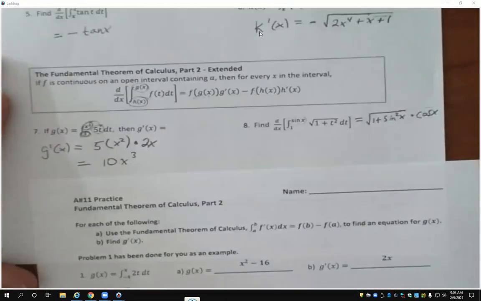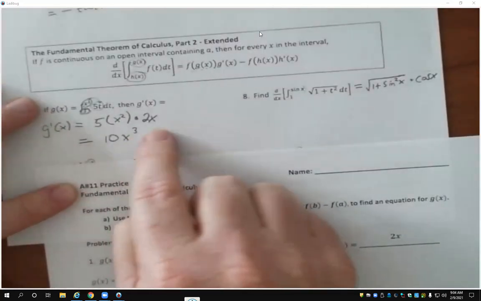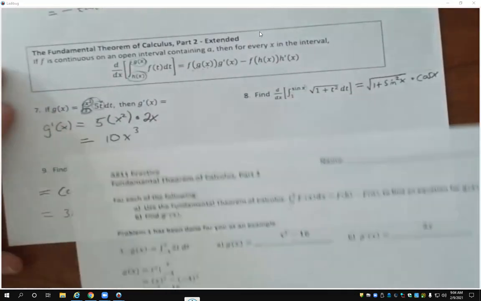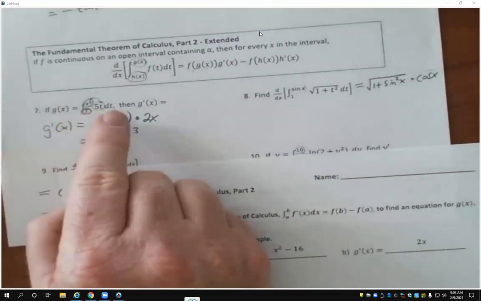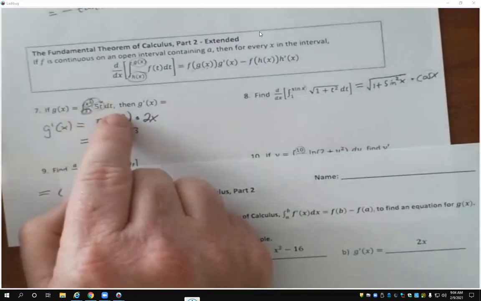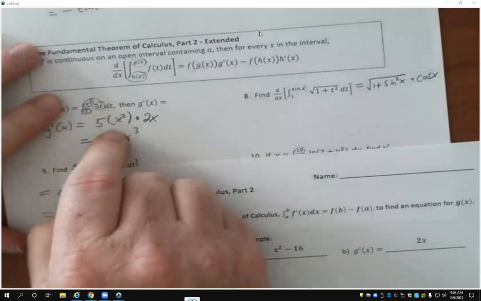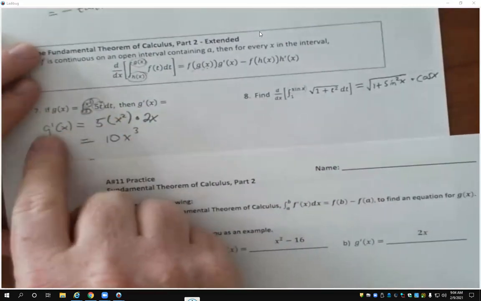Because what we're doing is a shortcut. So you can't really say that it would be minus this constant out here. When you're plugging in the constant, you're using the method of taking the antiderivative first and then finding the derivative of the antiderivative. We're just jumping right to the derivative here.